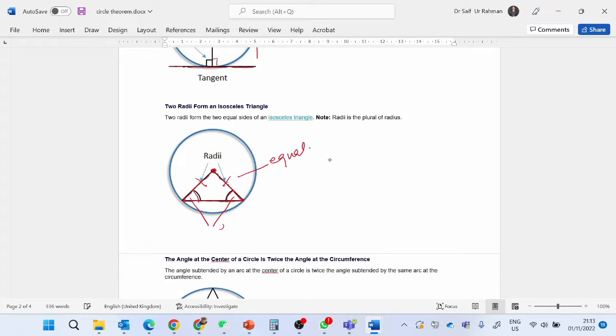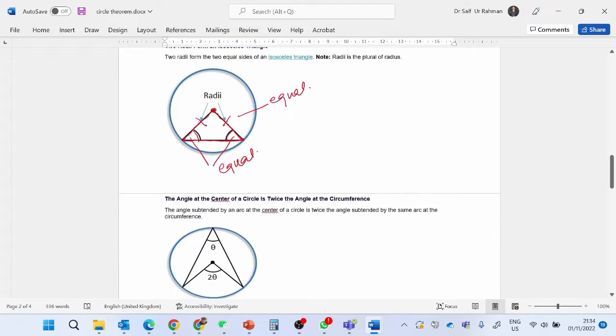So these two angles are also equal. So the triangle made by these two radii will always be isosceles. So this is another theorem.